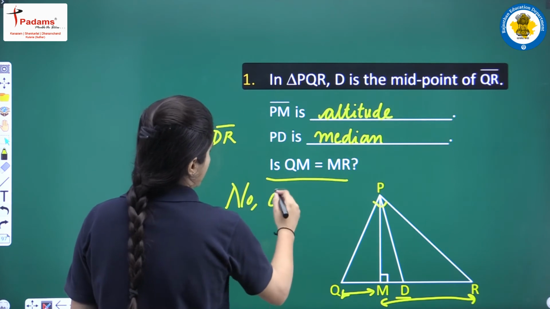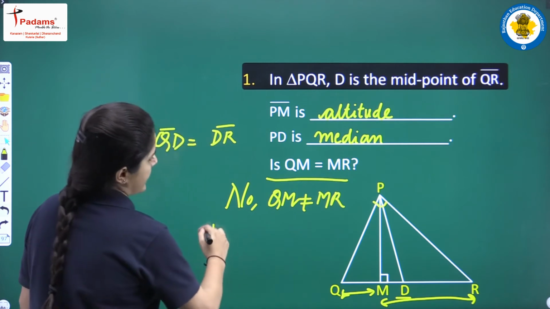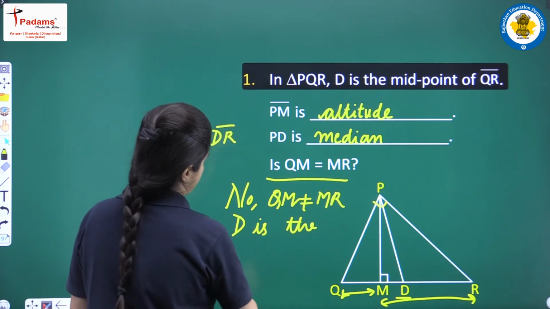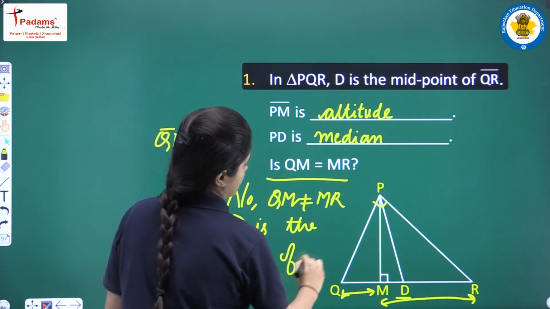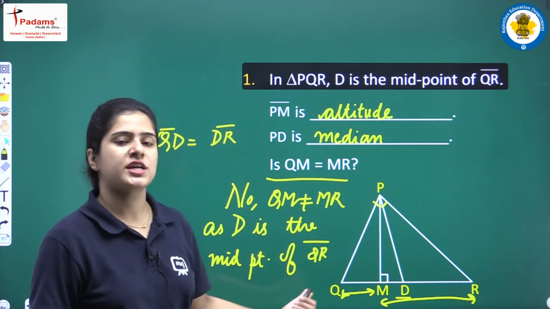So no, QM is not equal to MR, because D is the midpoint of QR.